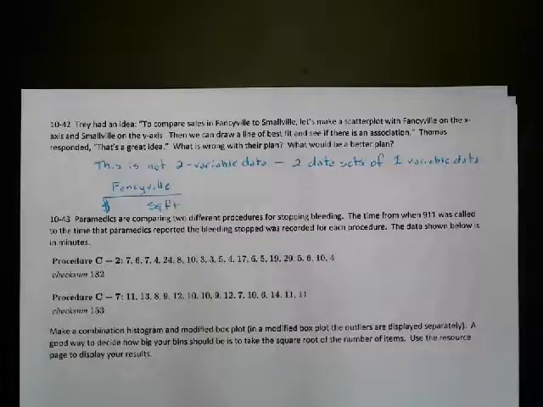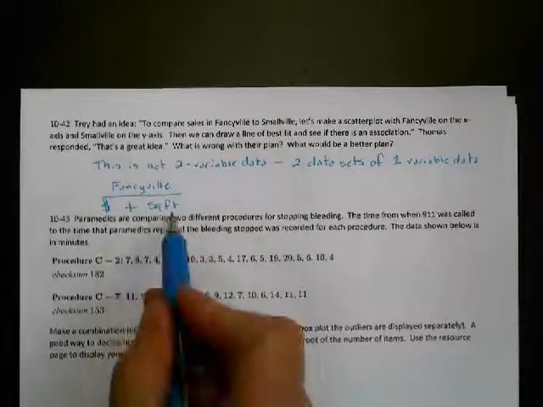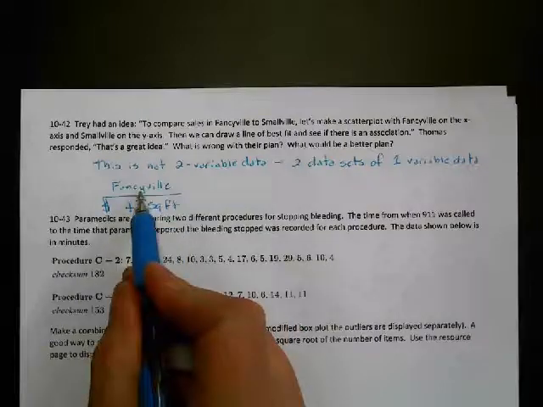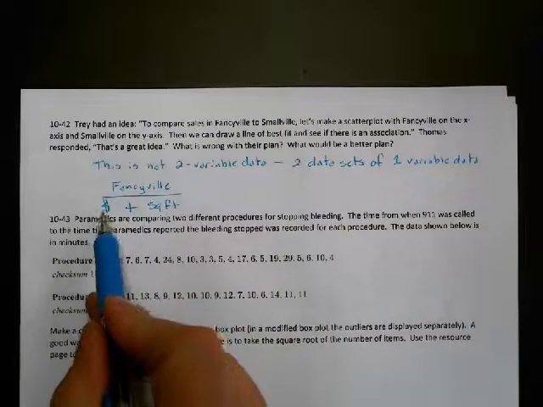Those are two variables of the same thing based on the same piece of information. We're looking at Fancyville homes, and then we could compare their cost to the square footage. That is two variable data.